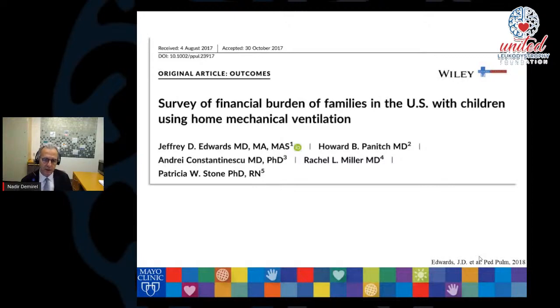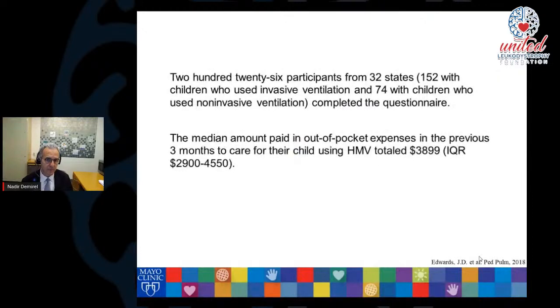It's a survey looking at the financial burden on families in the United States of children having mechanical ventilation at home. They looked at 226 participants from 32 states, and there were 152 children on invasive ventilation with a trach, and 74 children with non-invasive ventilation.